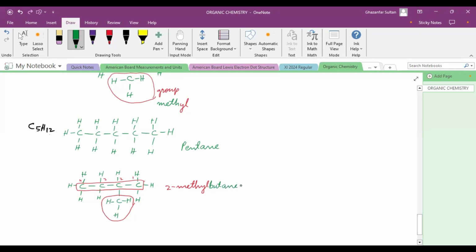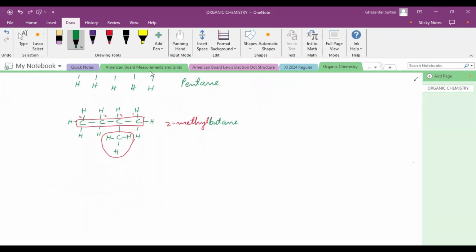And why not 3? Because according to the rule, we should give the minimum possible number. If we count from here 1, 2, 3, so it is better to write from the nearest one.